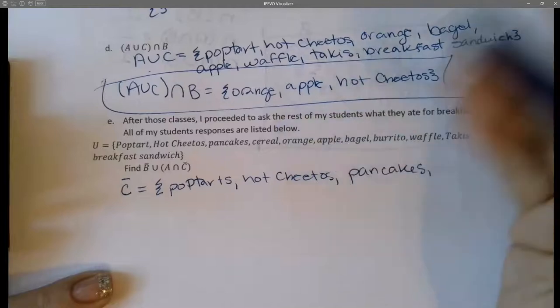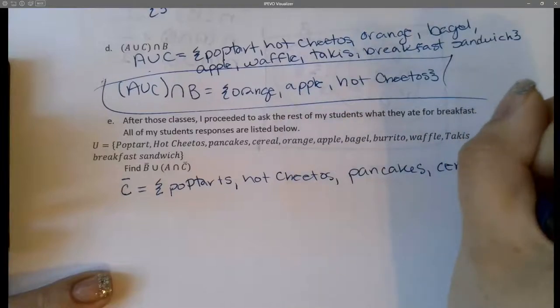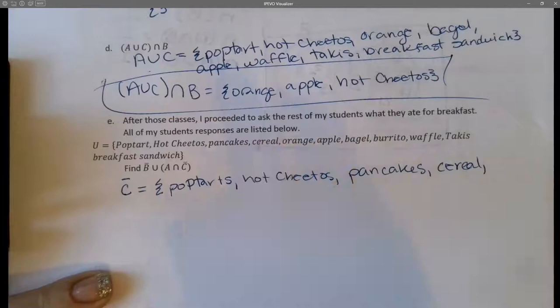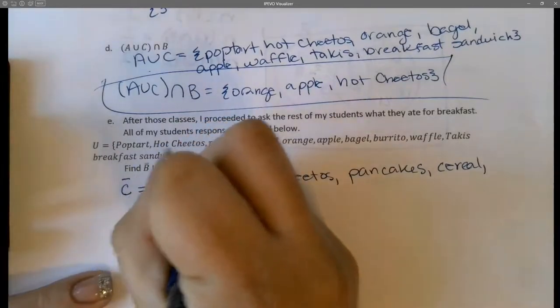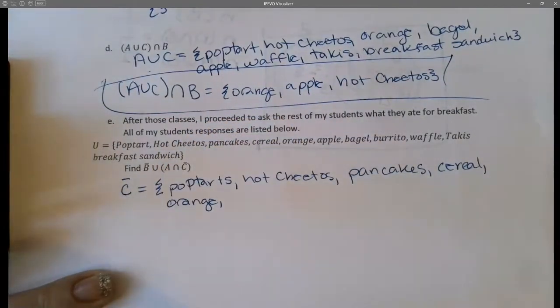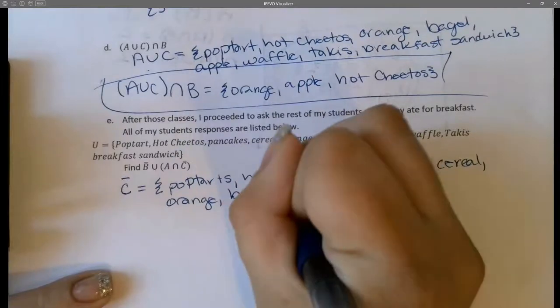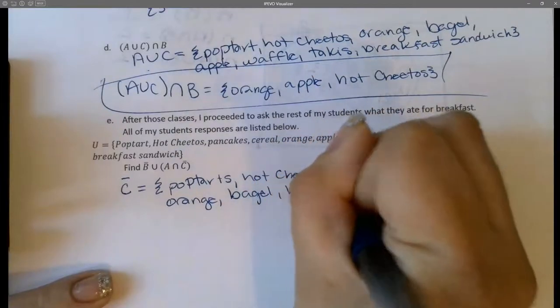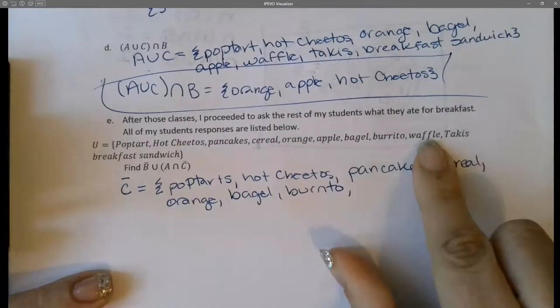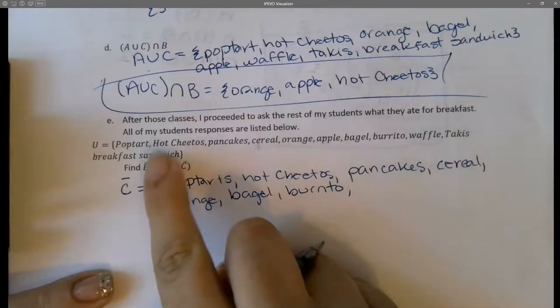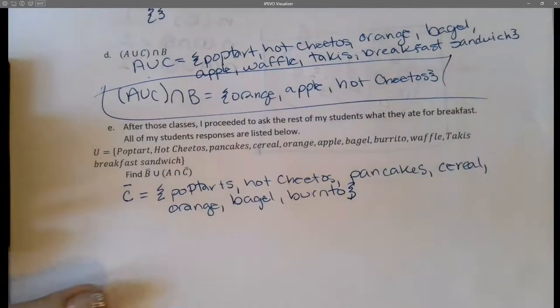I didn't have cereal. Didn't have orange. I did have apple in C. Didn't have bagel. Didn't have burrito. Did have waffle. Did have Takis. Did have breakfast sandwich. So that's it for my complement.